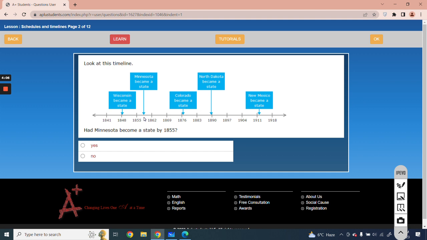Got it? So the correct option is after. The answer is no. Got it? Because it became a state by, that would be I think 1857. Got it? So the option is no.